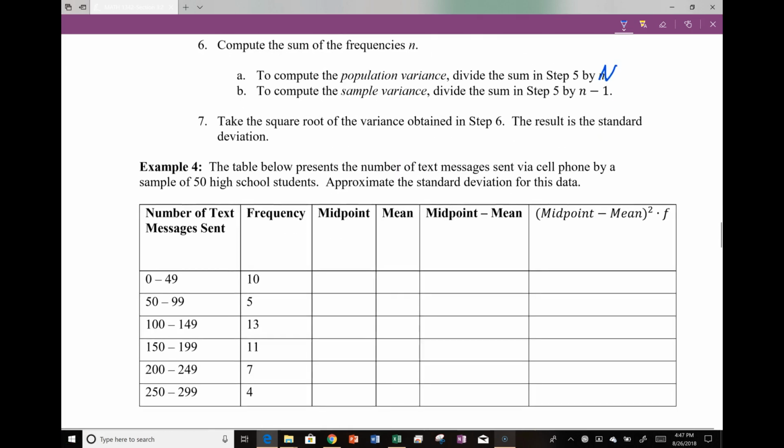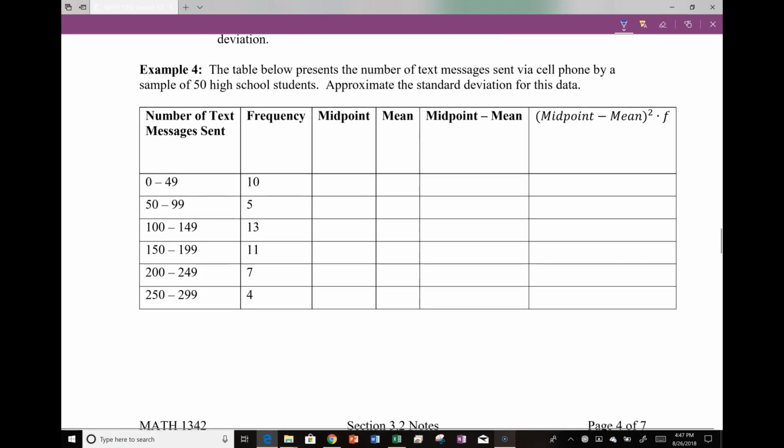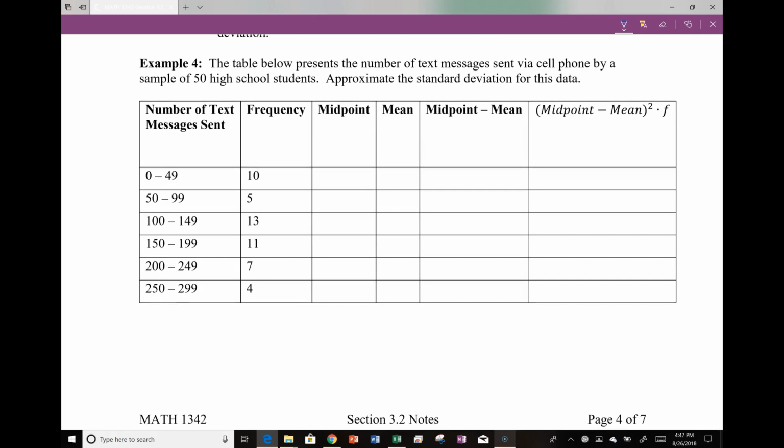So let's look at some data. The table below presents the number of text messages sent via cell phone by a sample of 50 high school students. Approximate the standard deviation for this data. You will notice that I have these different classes.